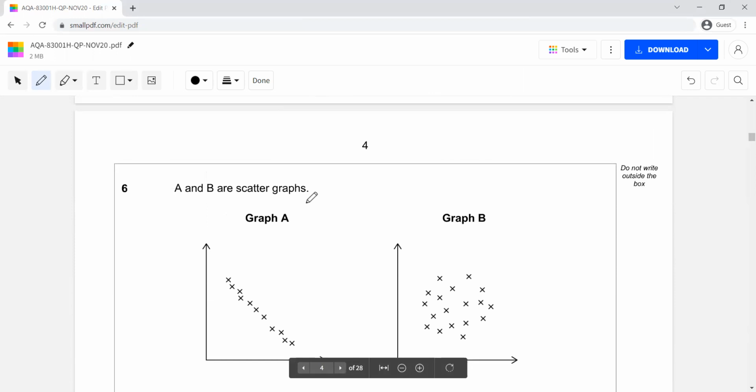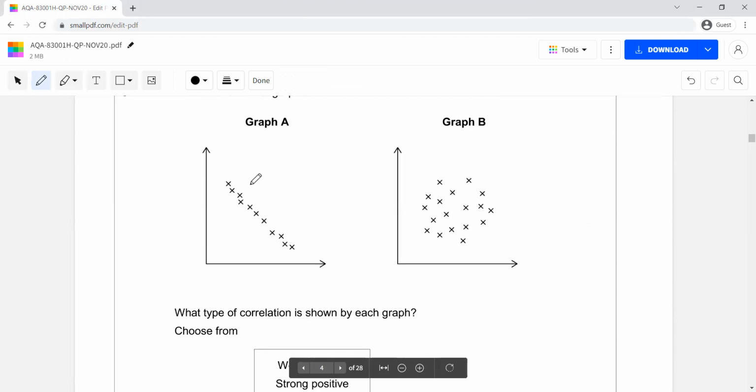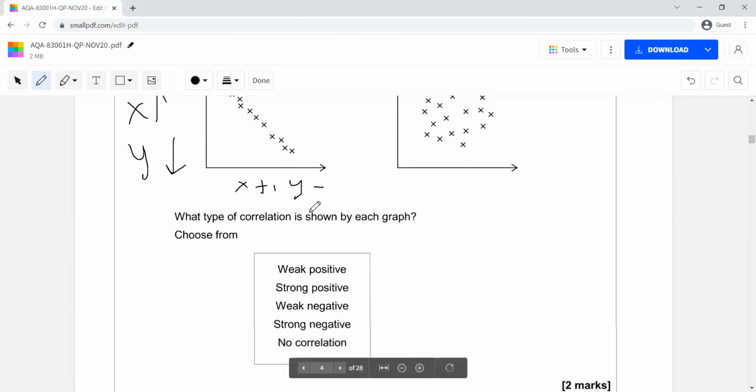Question 6, A and B are scatter graphs. Which type of correlation is shown by each graph? So for graph A, you can see there's a negative correlation because as x increases, y decreases, or rather as x goes up, y goes down. So it's a negative correlation. And you can see it's very strong.